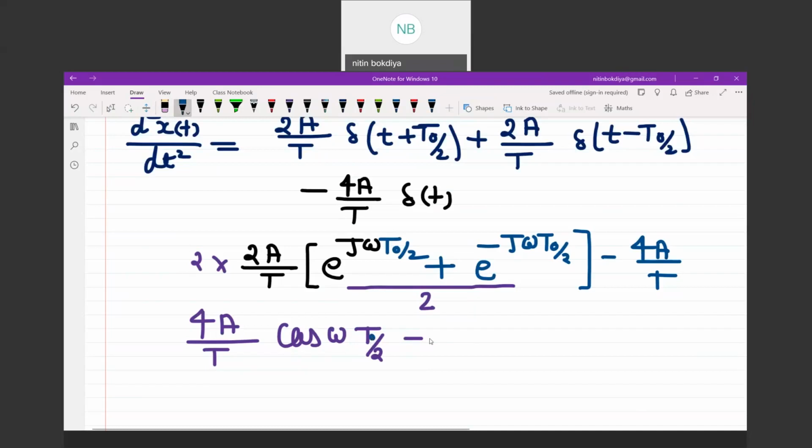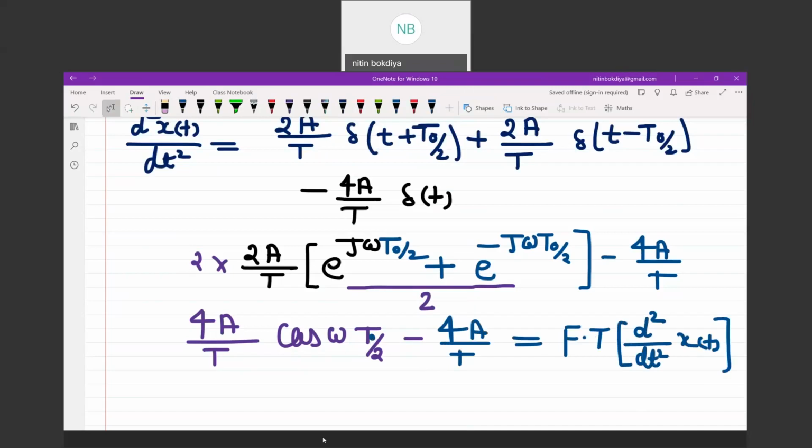But this is the Fourier transform of the double derivative d2 divided by dt2 of x of t. This is its Fourier transform.